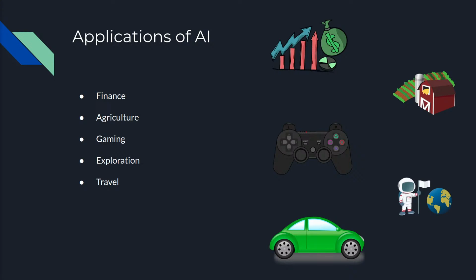Then we have exploration. Exploration can include both space exploration and underwater exploration, extraterrestrial exploration, and so on. Autonomous vehicles are one of the biggest helping tools in exploration, and that also comes under travel. Autonomous vehicles are a very big part of exploration to places that humans can't reach, such as other planets or underwater.